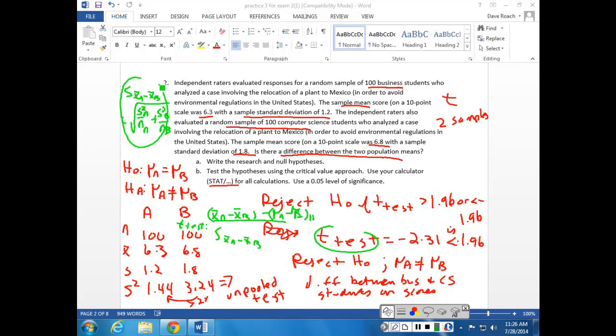And also, for tests of difference between two means, this will also be true for the matched pairs t-test and also true for the difference between proportions. This hypothesized parameter is going to be 0.